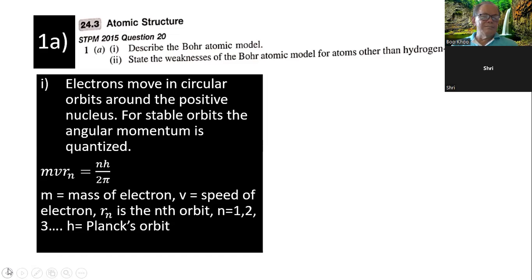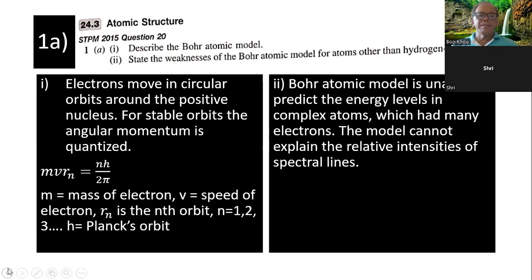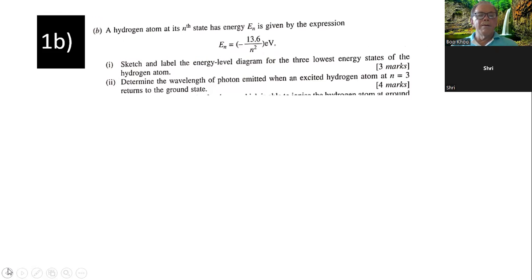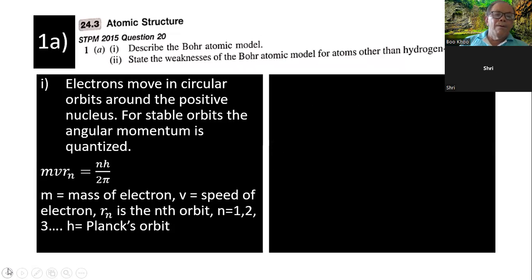Then tell what is m, what is v, what is rn, and what is h. Then if you want, you can add in that if the electron moves from a higher orbit to a lower orbit, electromagnetic radiation is emitted. Okay, maybe we will just add that in.